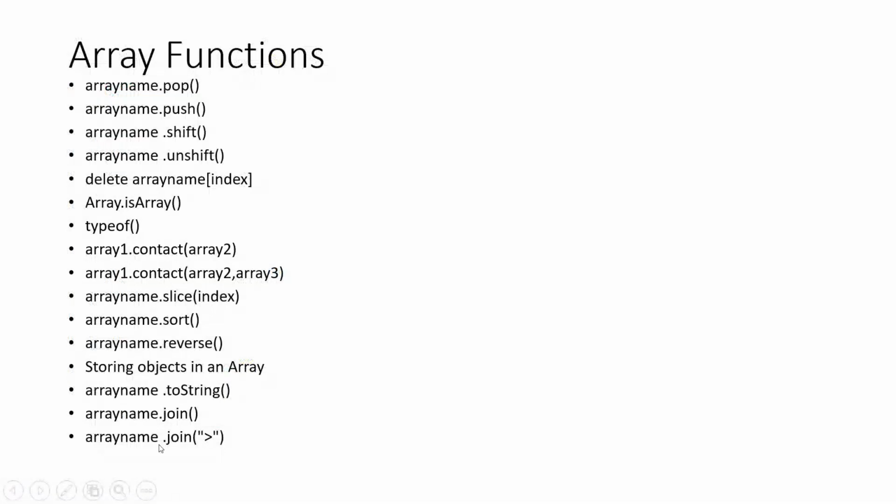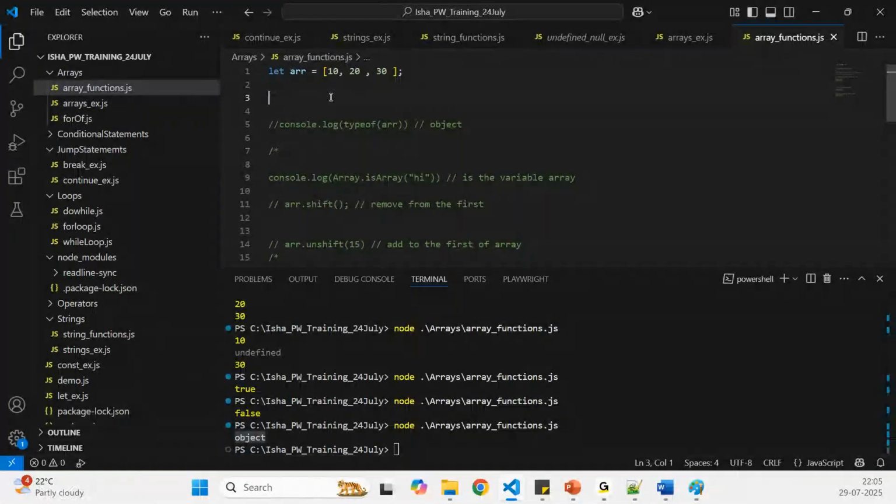Now we have some more array functions. It is similar to what we did with the string, that is concat, slice and everything. Array sort and array reverse are the ones which will be beneficial.